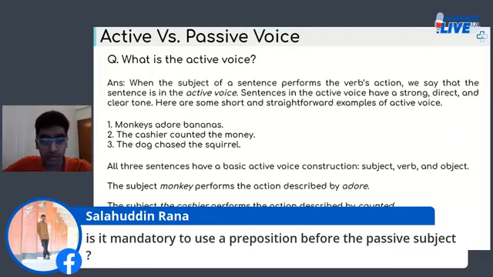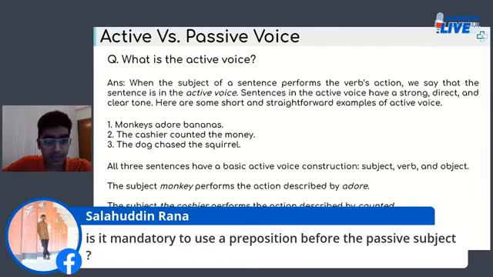So we are keeping the preposition by before the dog here. To talk about the action taker here, yes, we have to bring in the preposition by, otherwise your sentence would be grammatically incorrect, right? So yeah, but only by, not any other preposition.